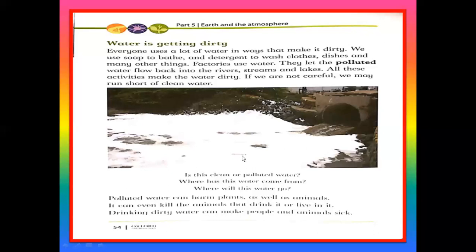Is it clear? And if we are not careful, then what happens? We may run short of clean water. And this polluted water is also not good for plants as well as animals. It is not fit to drink, especially for animals and human beings.